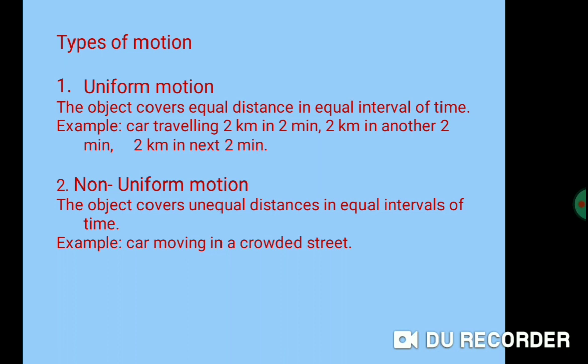But when a crowded street is there, in each and every interval of time, is your speed the same? No. Are you traveling the same distance? No. So you can say that when a car is moving in a crowded street, the motion of the car is non-uniform motion.